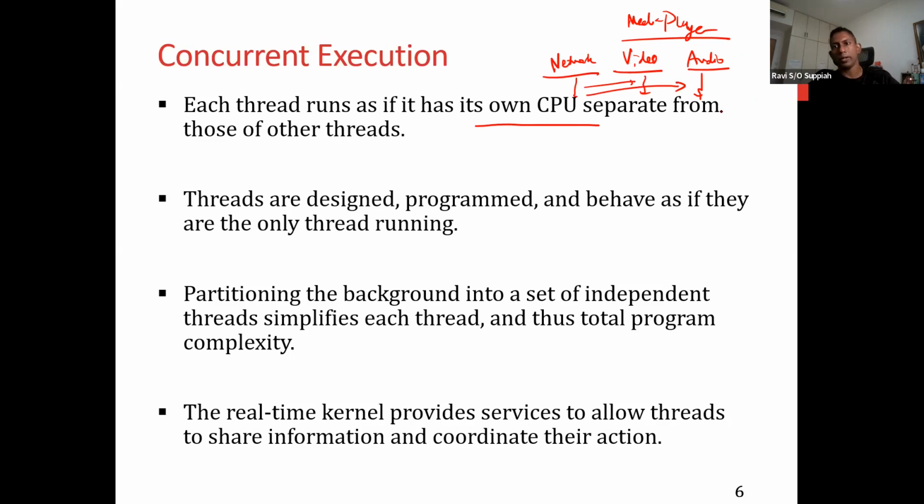So even though video and audio may be running as separate tasks, the network task still has an overriding synchronization sort of authority. Right? Only when the network data becomes available, then video and audio can play.